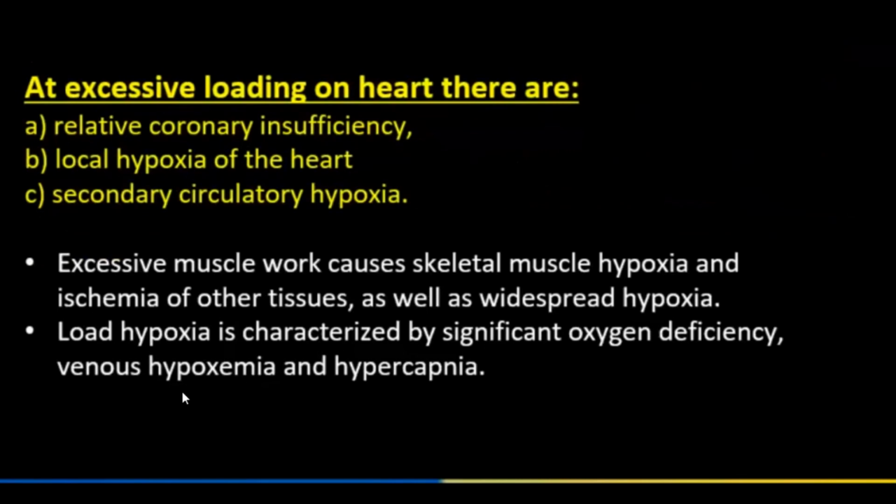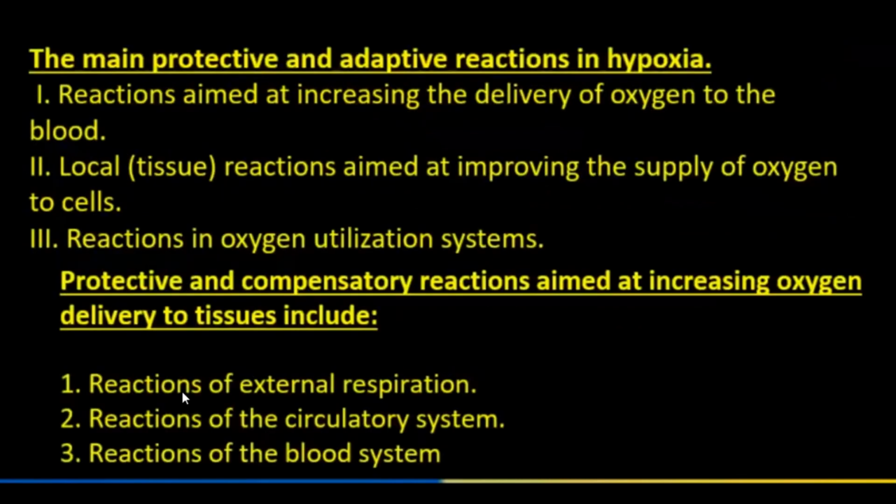And the main protective and adaptive reactions in hypoxia are reactions aimed at increasing the delivery of oxygen to the blood, local or in a tissue, reactions aimed at improving the supply of oxygen to cells, and reactions in the oxygen utilization system.